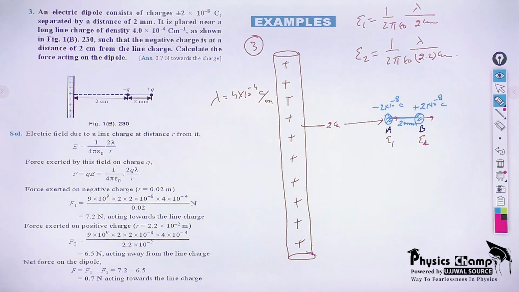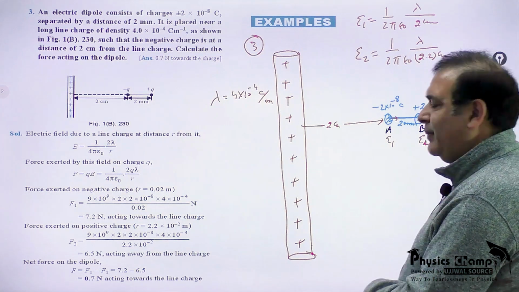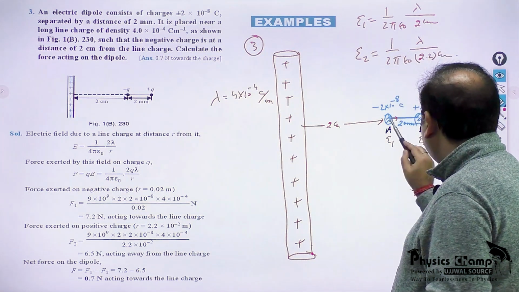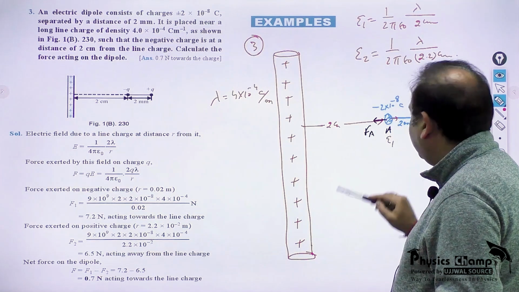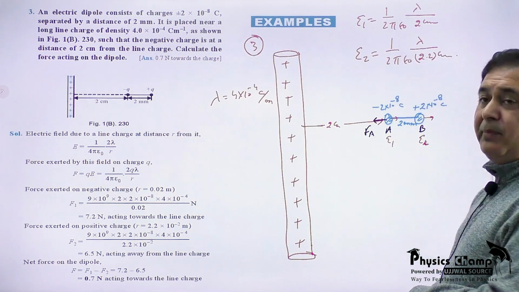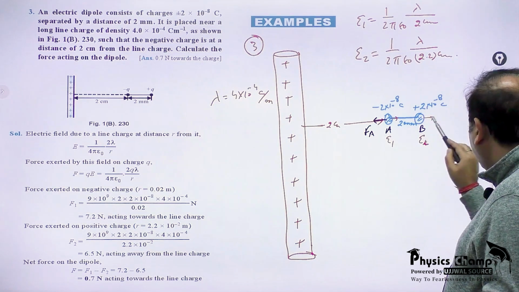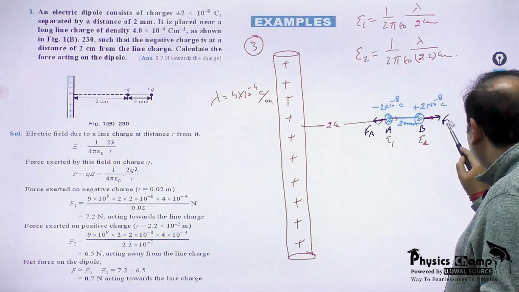And thus, if we are looking for the force on A, electric field is towards right, so it will experience a force here opposite to the electric field. And for the force on B, the electric field and positive charge will experience the force in the same direction.